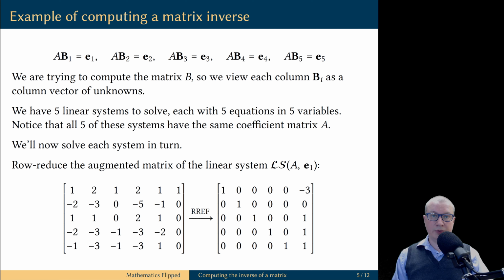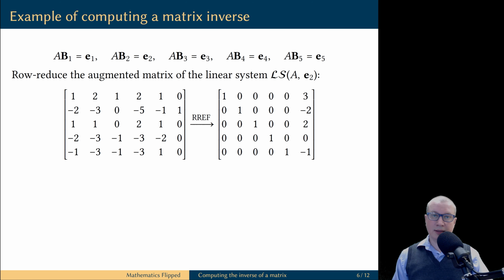Notice that from the reduced row echelon form you see that the linear system has a unique solution. Moreover, the solution vector of this linear system is actually the last column in the reduced matrix. This means the vector B1, which is the solution vector to this linear system, is given as the last column in the reduced matrix.